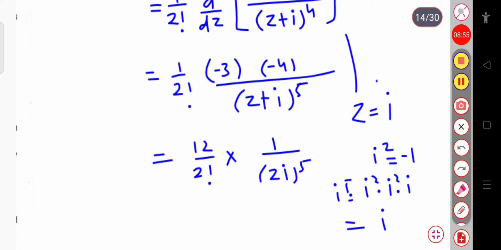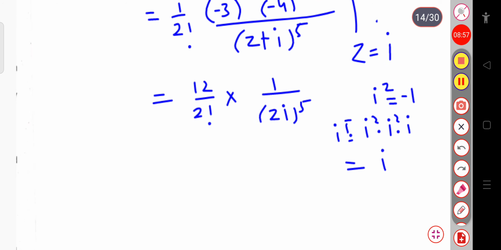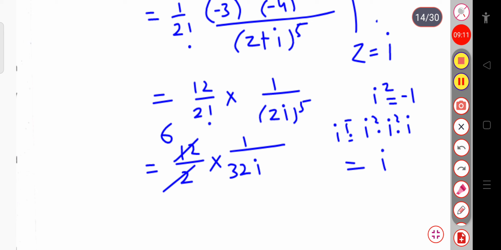So finally I can write this is equal to 12 by 2 factorial, means 2 into 1, by 2 power 5 is 32, into i. Okay. If I cancel, 2 6s are 12, and here 2 3s are 6, and 2 16s are 32. So that is equal to 3 by 69.